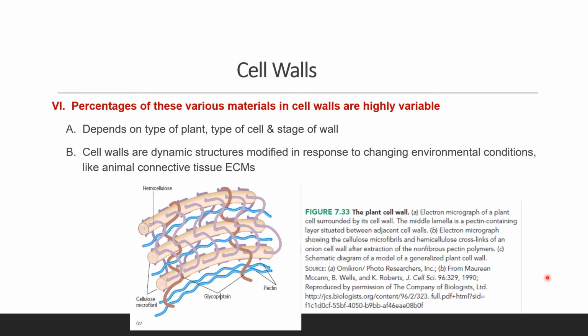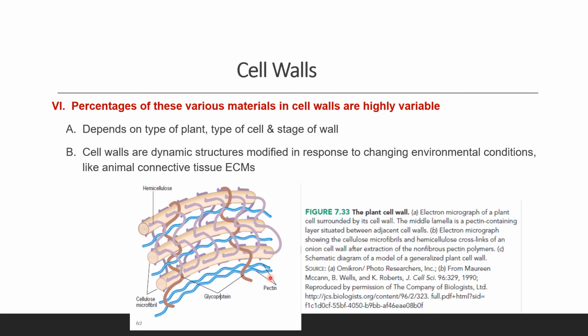So cell walls are dynamic structures modified in response to changing environmental conditions, like animal connective tissues in the ECMs. The picture that you will see here is the plant cell wall, showing you the position of the hemicelluloses, which are the ones in violet.